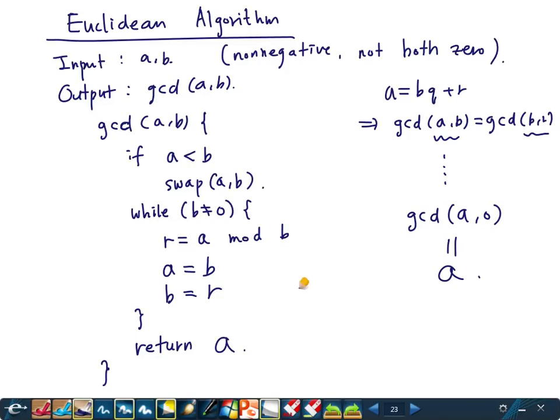Any question? You should think of A as the first integer and B as the second integer. The first integer is now replaced by B. The second integer is now replaced by A mod B. And then we repeat this until we obtain something, 0. When we get something, 0, GCD will be the first integer, A. That's what this algorithm says.